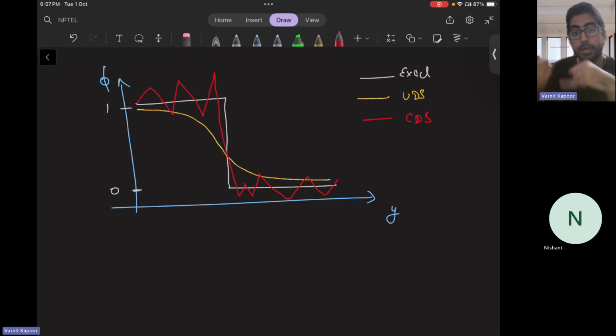Now we are going to start with numerical diffusion and dispersion and unsteady convection. CDS produces oscillation, that is dispersion, whereas UDS produces a smeared out solution, that is because of the diffusion which was happening.